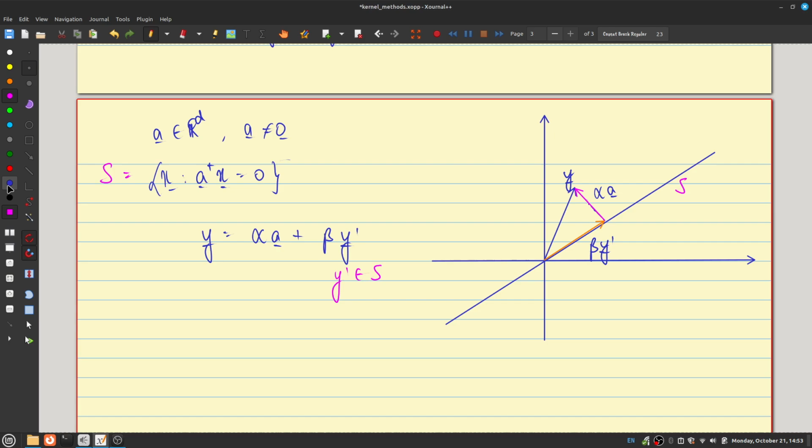So A transpose y is going to be equal to alpha times A transpose A. So alpha is simply equal to A transpose y divided by A transpose A. Let's make a further assumption that norm A is equal to 1.